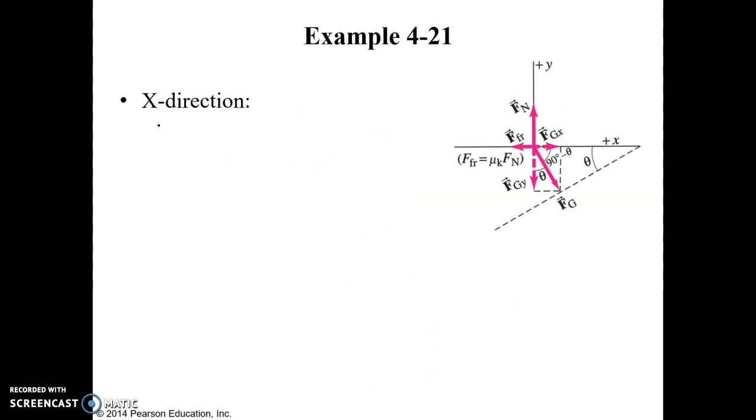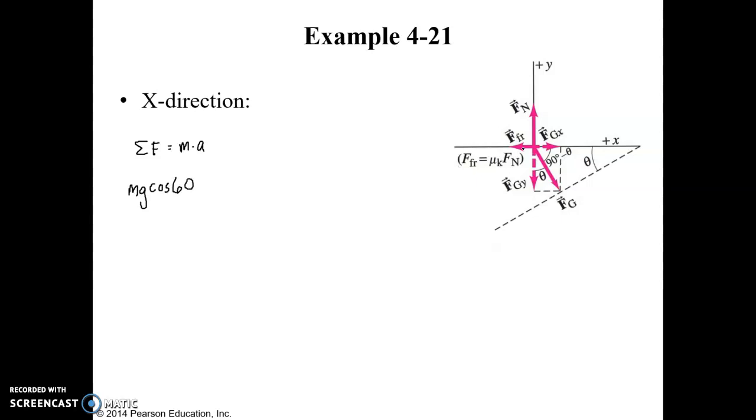So if we sum the forces in the x direction, if we use the second law of motion, sum of forces equals mass times acceleration. What are the forces in the x direction? Well, we have the x component of the weight of the skier. So that is going to be mg cosine of 60.